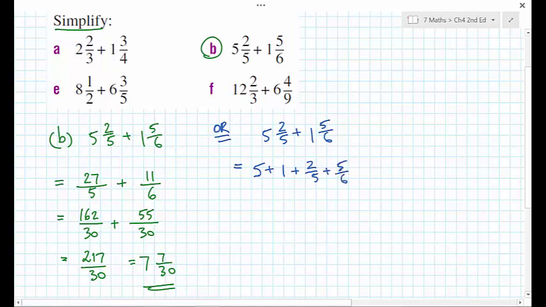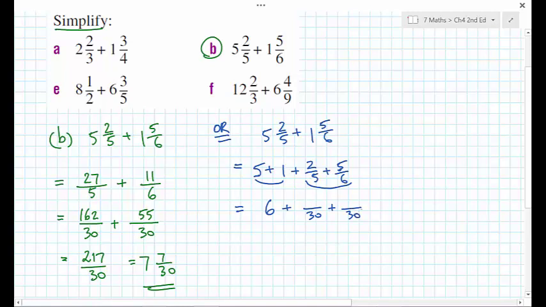So 5 plus 1 is 6, and then I add these fractions together. I need a common denominator for those, and the common denominator will be 30. So I write both of these over 30.